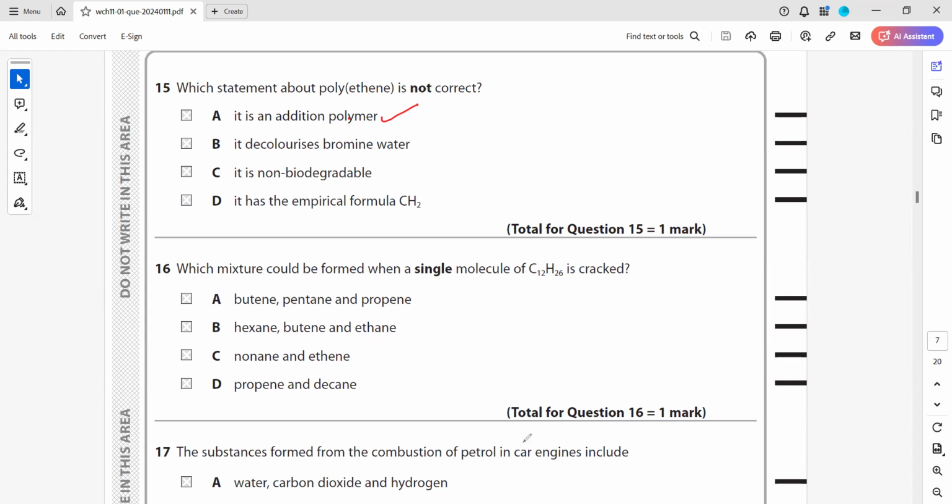It decolorizes bromine? That is not correct, because the polymer contains only single bonds, so it cannot decolorize. It's non-biodegradable, and the empirical formula of all addition polymers derived from alkenes is also CH2. So that is also correct.